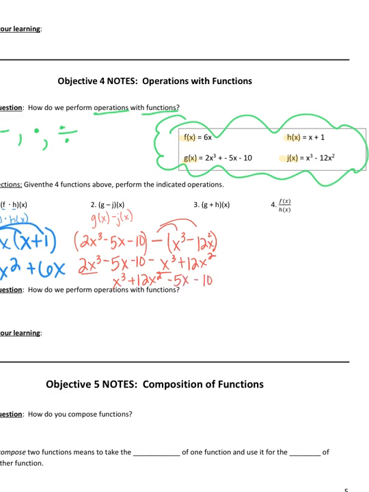And that is the function g minus j of x, which simplifies to x cubed plus 12x squared minus 5x minus 10. Okay, if you need to see that for a minute, go ahead and pause here because I am going to erase.